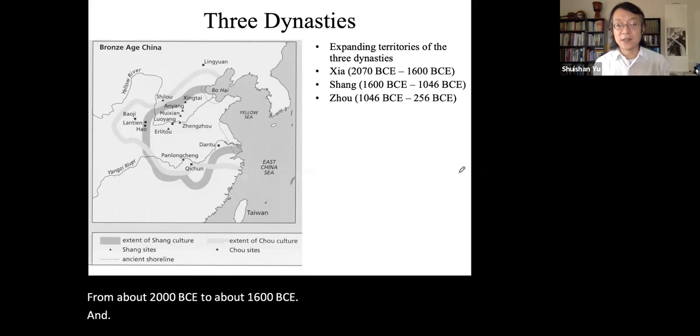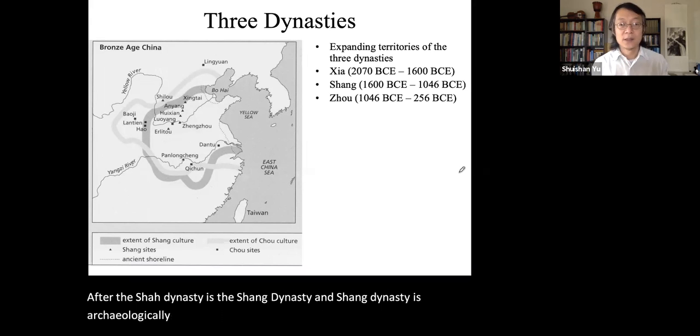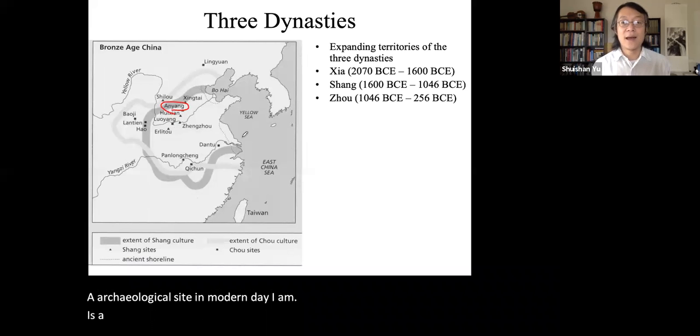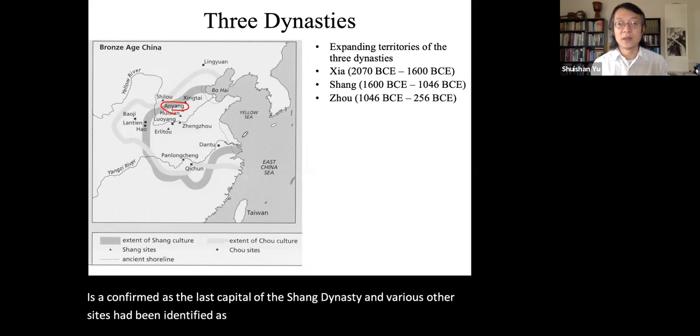And after the Xia Dynasty is the Shang Dynasty, and the Shang Dynasty is archaeologically confirmed because an archaeological site in modern day Anyang is confirmed as the last capital of the Shang Dynasty, and various other sites had been identified as a Shang city or Shang capital.